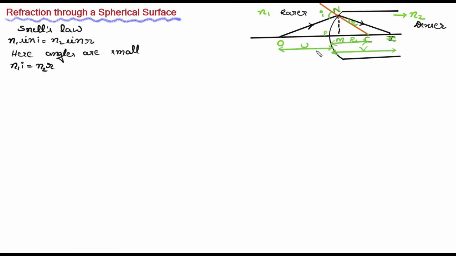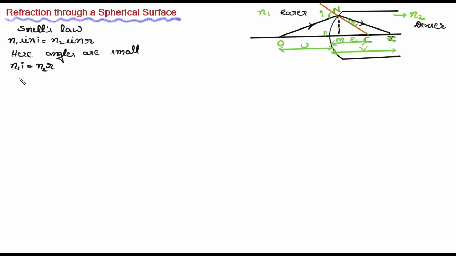In the whole derivation, we are going to consider the angles which are formed here are very small. So we are going to neglect the trigonometric functions. We will just consider whatever angle is along with the trigonometric function. So here this sine I have ignored and I am going to take only i. So it is n1 i is equal to n2 r. Okay.